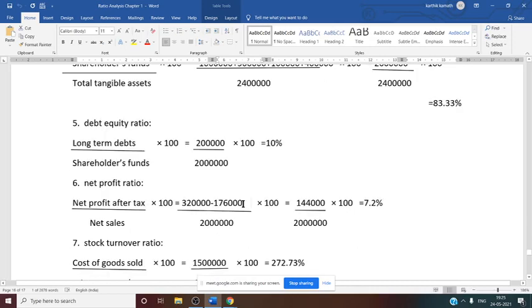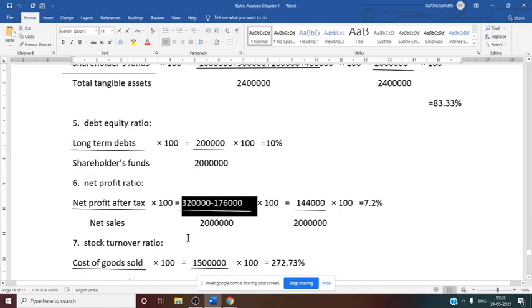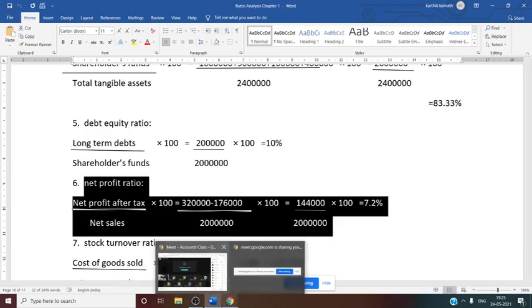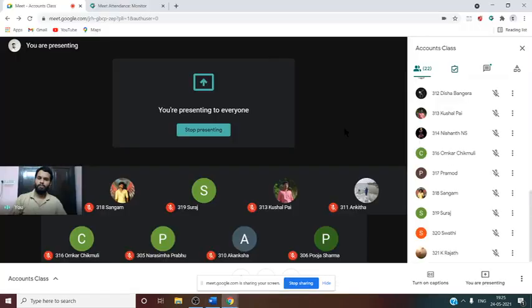See this, 3,20,000 minus 1,76,000, you will get 1,44,000 as net profit after tax. Net sales anyway we know is 20 lakh. So 1,44,000 divided by 20 lakh into 100, you will get 7.2% as your net profit ratio. So till now we have calculated 6 ratios. Again 6 more ratios we need to calculate.